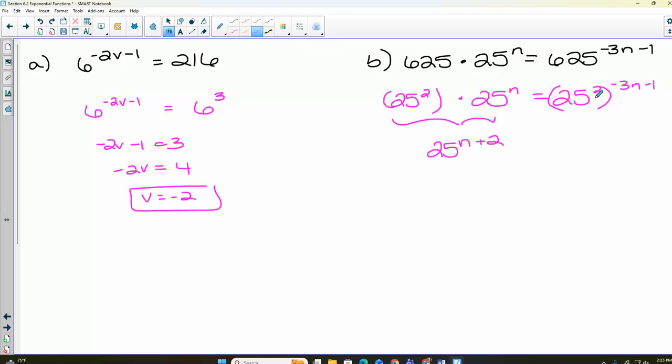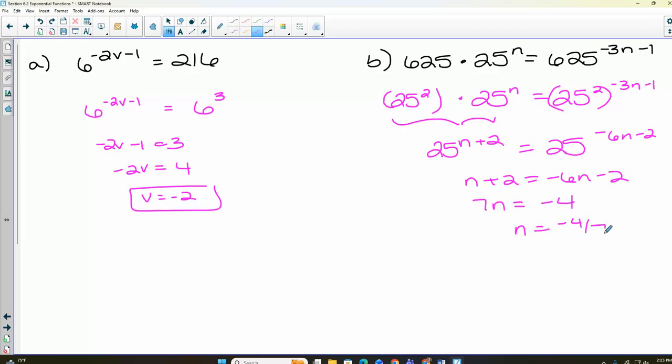And over here, power to a power, we multiply. So then my exponents are equal. So if I add that over, subtract my 2, we get negative 4/7. What questions do we have there?